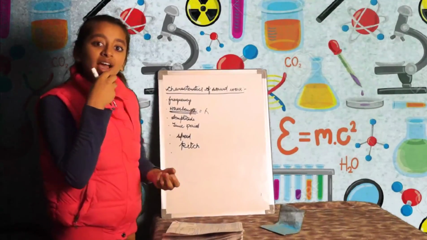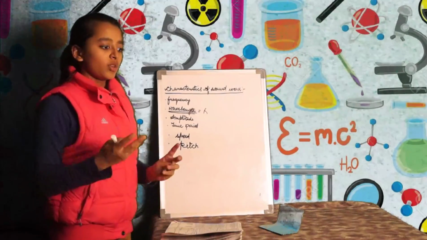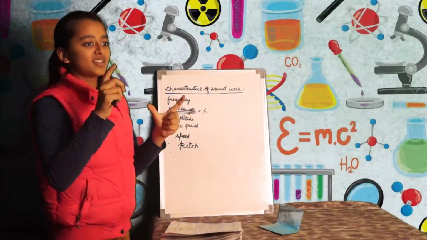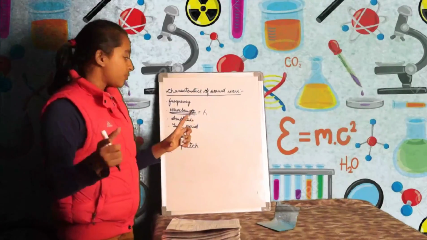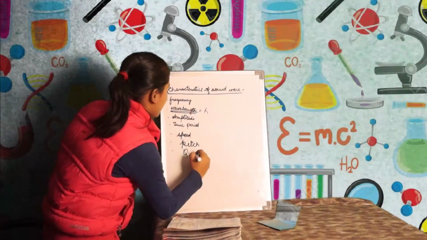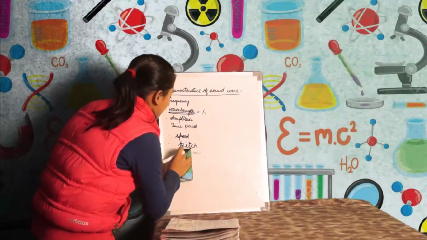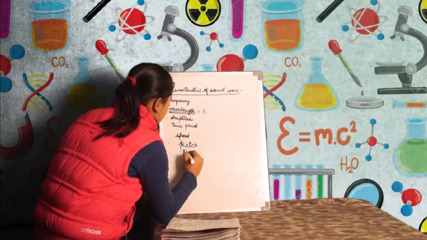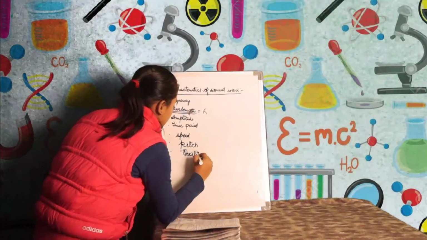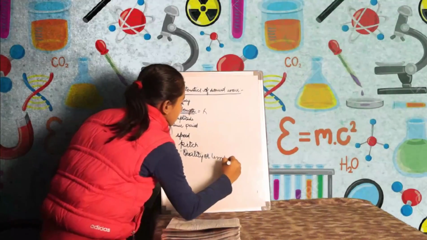There is a kind of quality or timbre of the voice which helps us in that state when both of the characteristics of the wave are the same. So we're going to introduce a new characteristic of sound, that is quality or timbre.